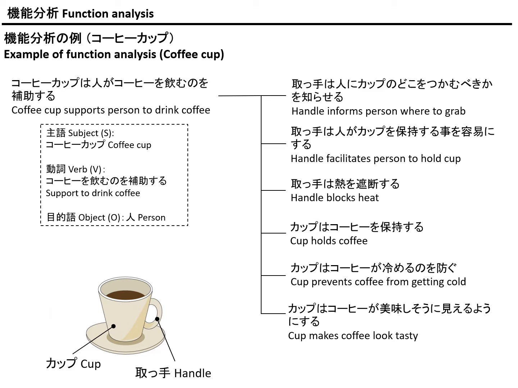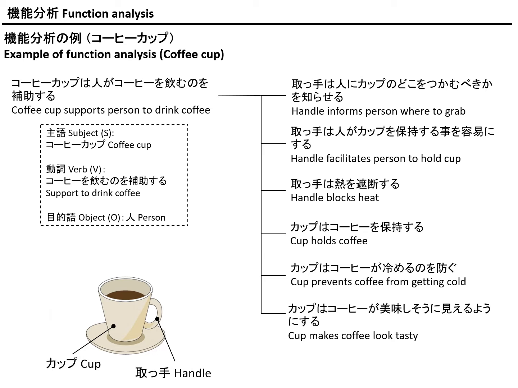It is probably easiest if you observe an example. Let me introduce an example of function analysis: a coffee cup. So what is a coffee cup? Many people would say different things, but through discussion, we may determine the function of a coffee cup.